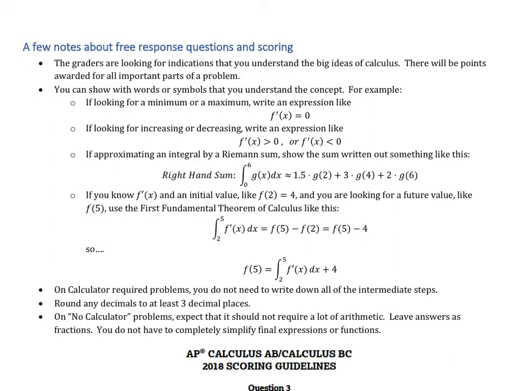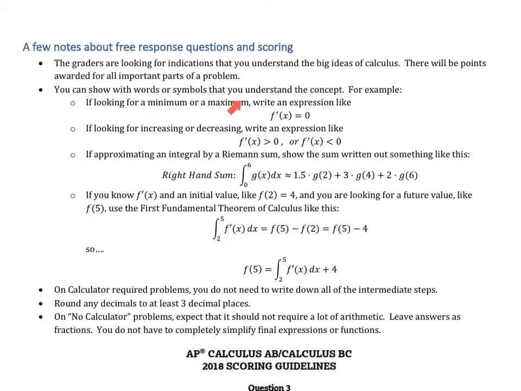There are lots of points awarded for important parts of the problem. So try to think of it from the grader or the problem writer's perspective. What are they trying to get you to say? What is the big idea? And so remember that. Then show in words or symbols that you understand a concept.